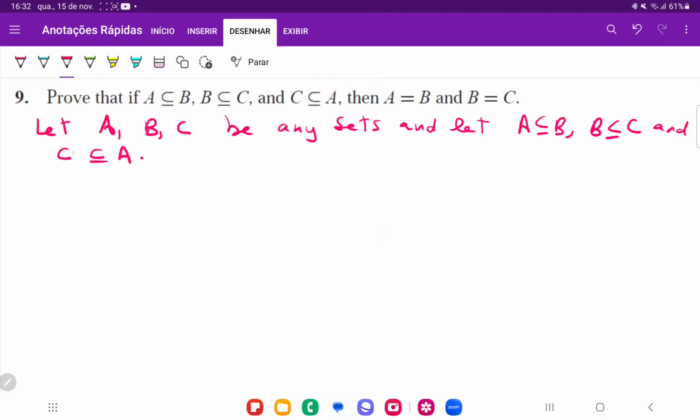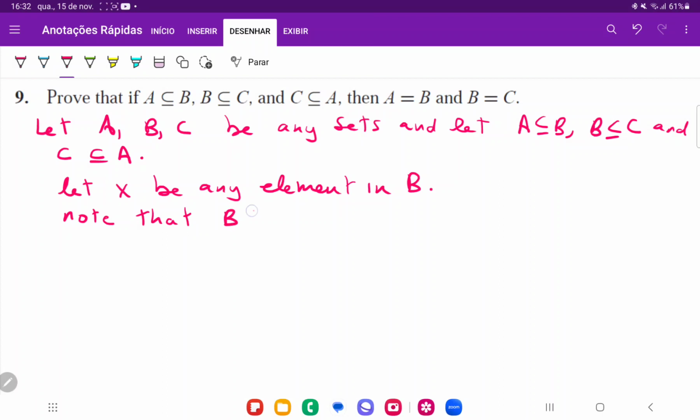So we're going to say let X be any element in B. Note that B is a subset of C, so X belongs to C, right?